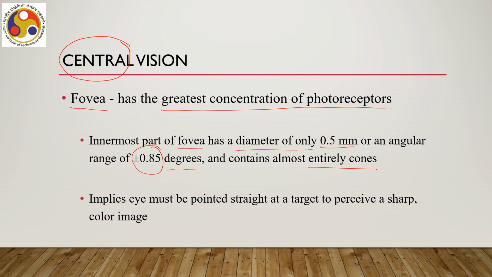This concentration of cones in the innermost part of the fovea implies that eyes must be pointed straight at a target to perceive a sharp color image. So, if we wish to perceive something, our eyes must be pointed straight at that object to perceive a sharp color image.